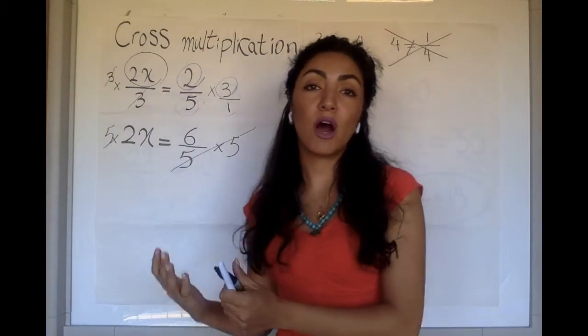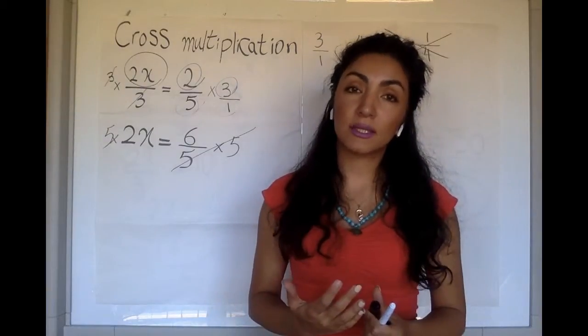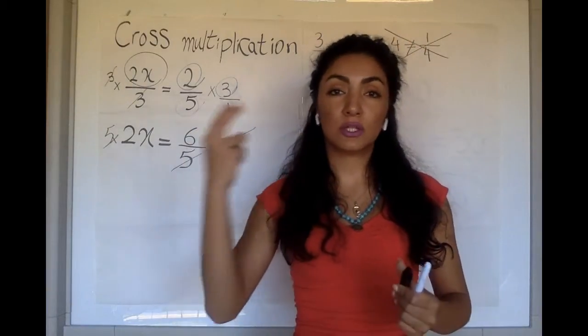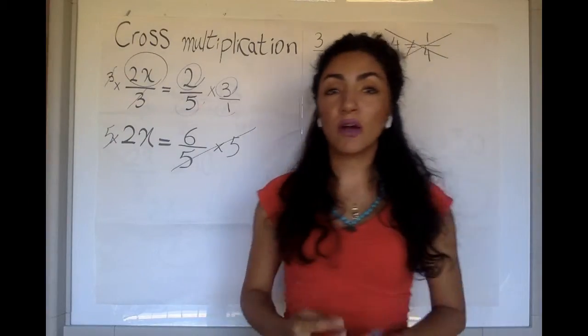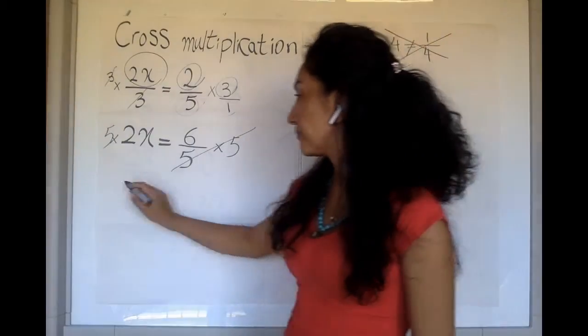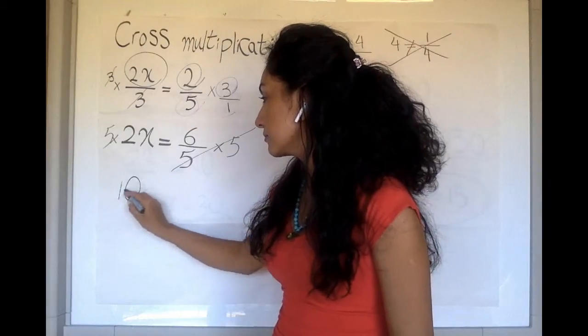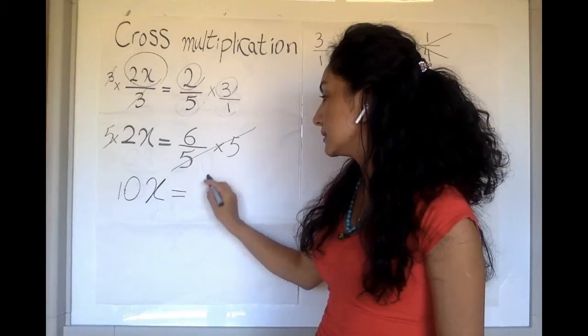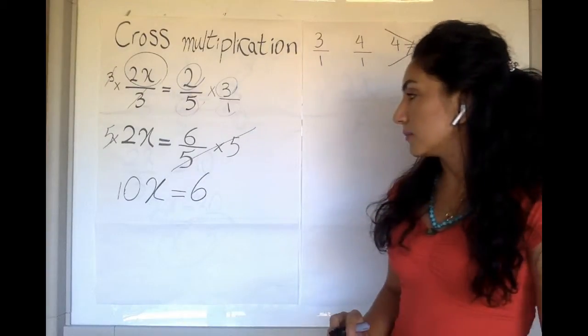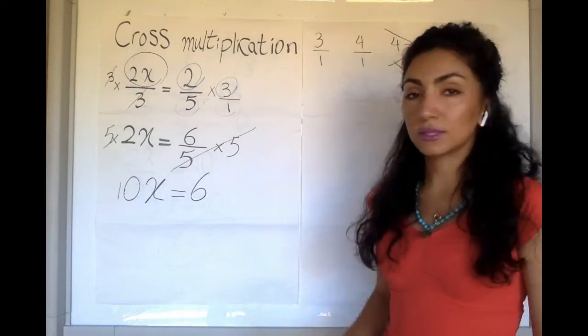Now we have 5 of 2x, which means 5 times 2 of those x. So 5 times 2 is 10, 10x equals 6.